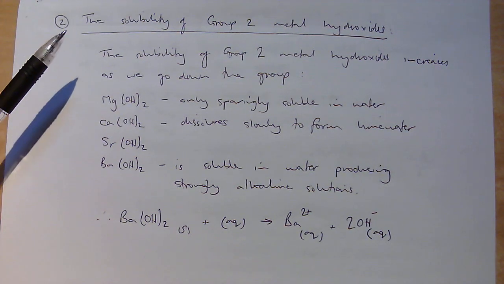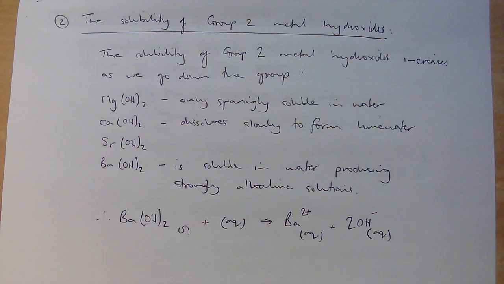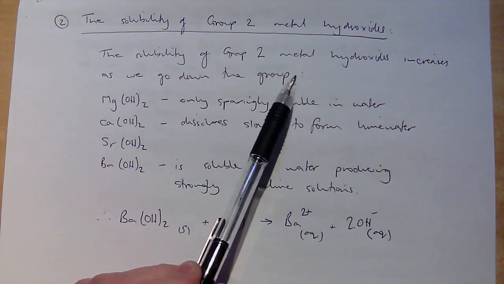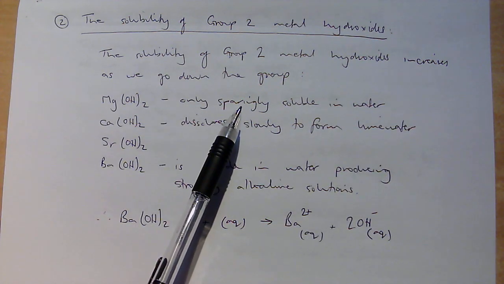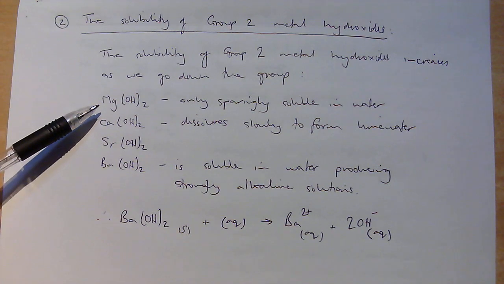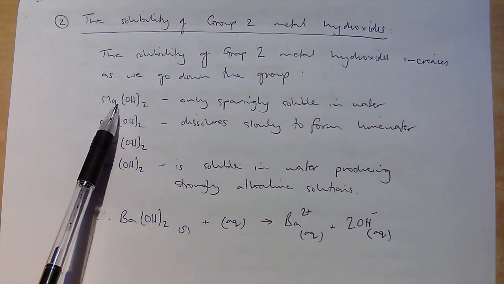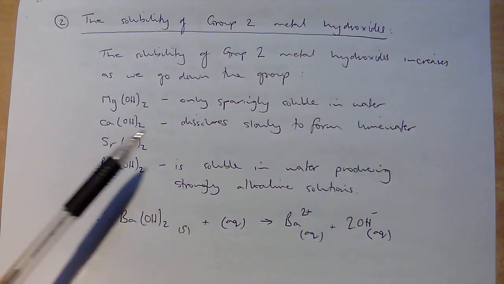Next then we're going to have a look at the solubility of group 2 metal hydroxides. The solubility of group 2 metal hydroxides increases as we go down the group. Magnesium hydroxide is only sparingly soluble in water, so it is only slightly soluble in water.